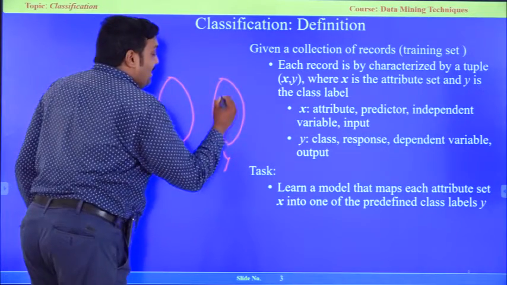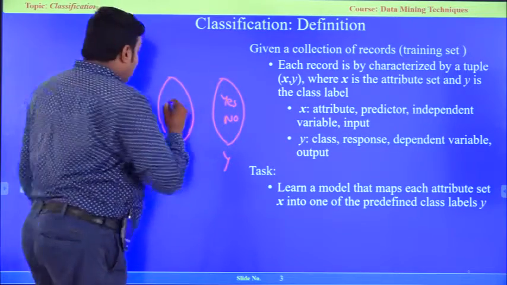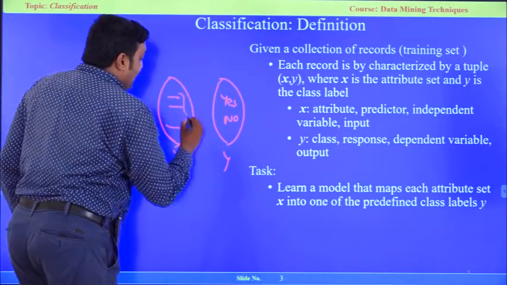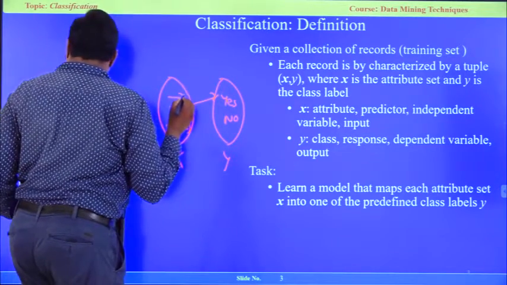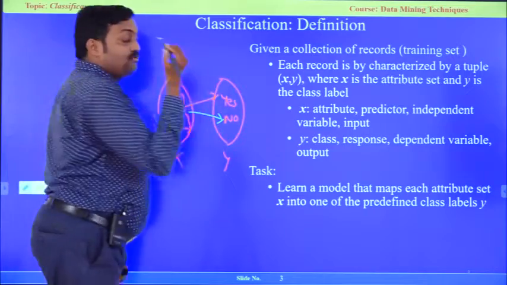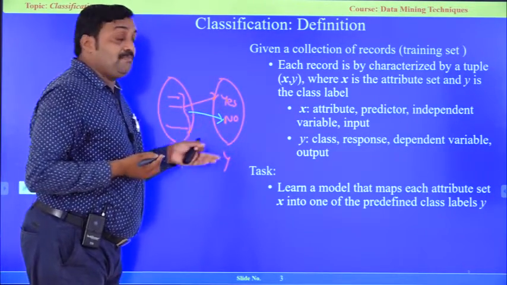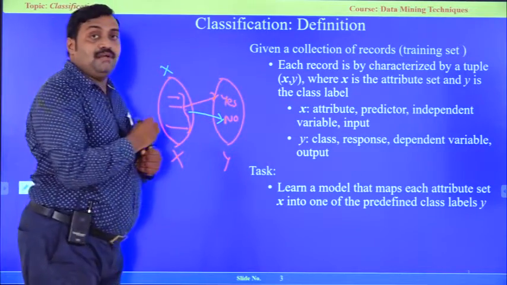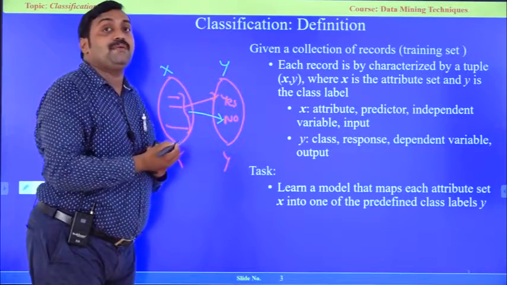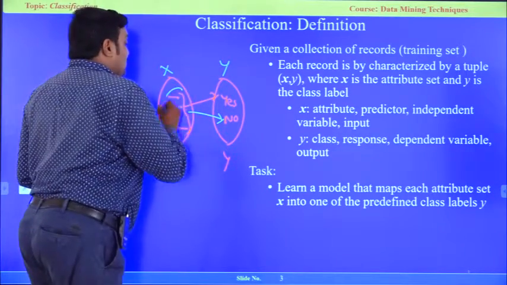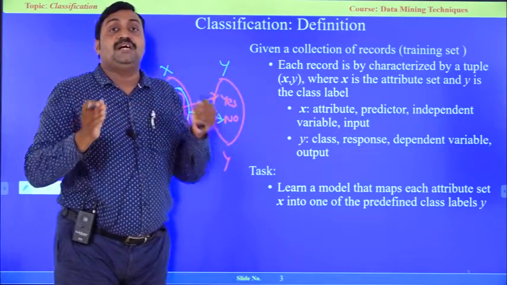In y, we have the name of the class, for example yes or no. Based on these values, I can say whether it belongs to one class or the other. So we are classifying based on the x attributes, and y gives the output, the name of the class which belongs to these attributes. This is a simple classification definition.